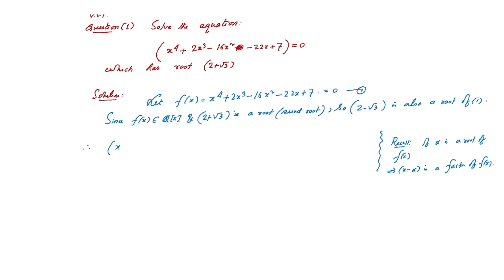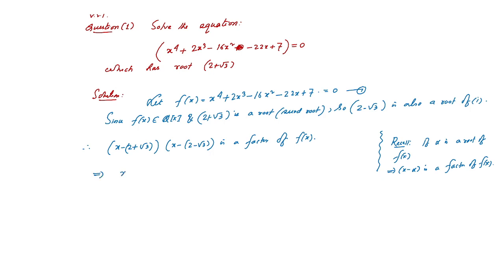Therefore, we can say x minus 2 plus root 3 is a factor, and x minus 2 minus root 3 as well, and their product is a factor of f(x).